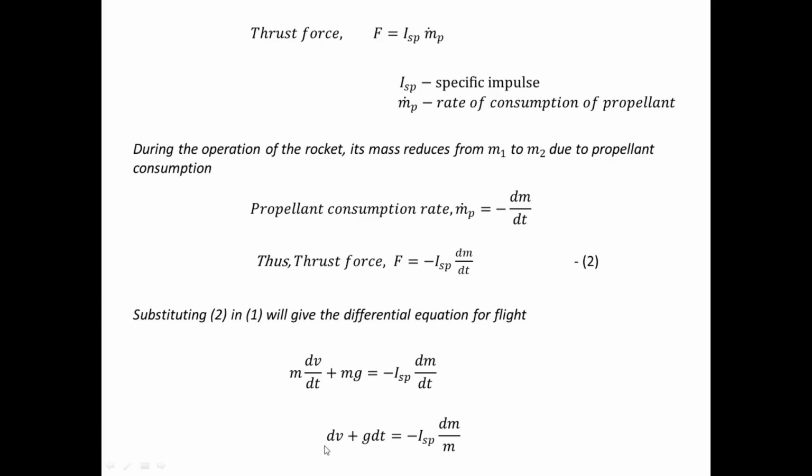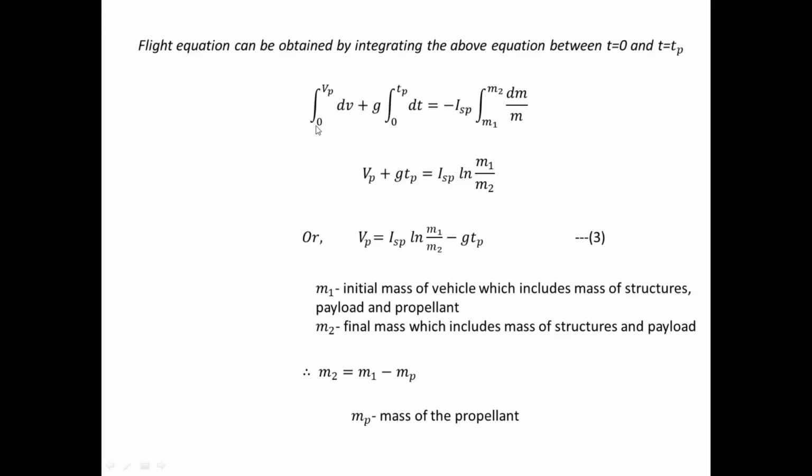So you need to find an expression for Vp, the final velocity of the rocket. If you integrate within the limits, the velocity changes from 0 to Vp, the initial velocity being 0 and the final velocity Vp.